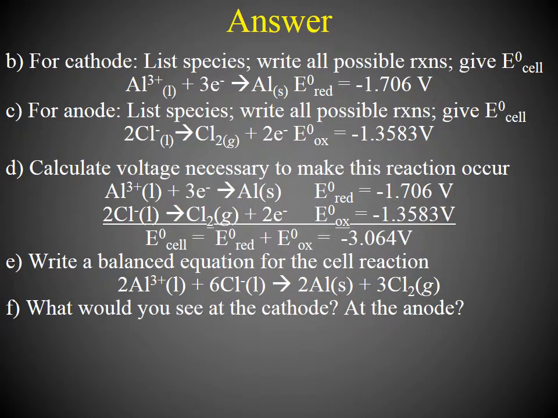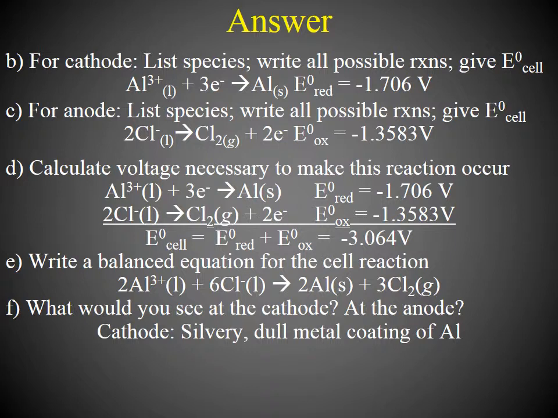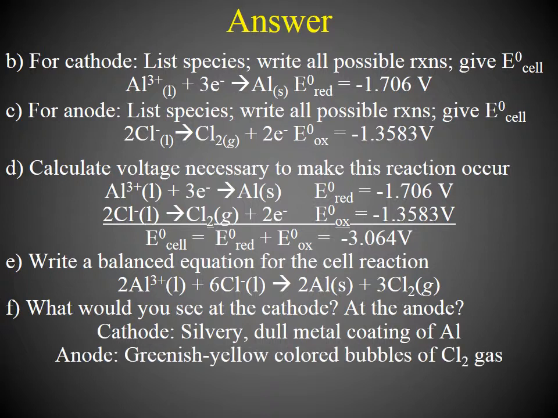And finally, I would have to describe what I would see at the cathode. And what would I visually see? Well, at the cathode, I would see a silvery dull metal coating of aluminum building up on top of the cathode, and at the anode, I would see this greenish yellow and very noxious chlorine gas bubbles being produced.